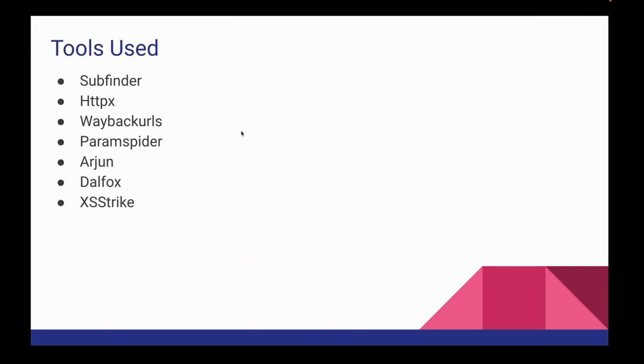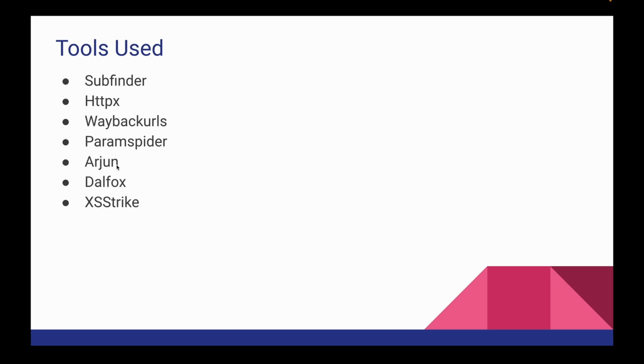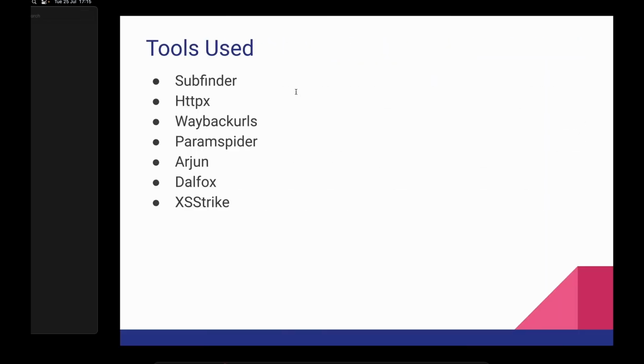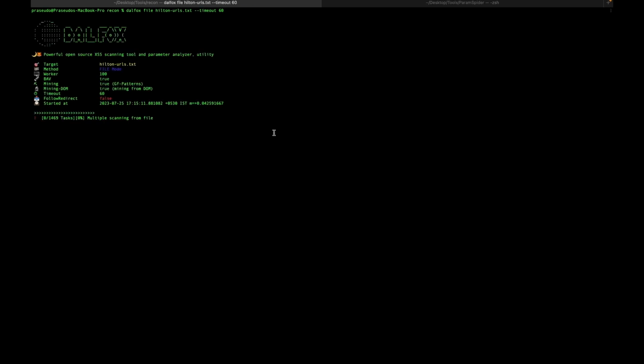So now let's run the Dalfox tool. Basically it is used to find out XSS vulnerabilities in the collected URLs. So here it is. You just need to type this command and hit enter. It will try to scan all the URLs in this hilton-urls.txt.